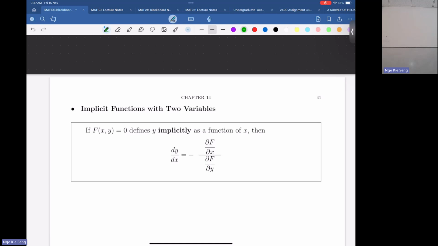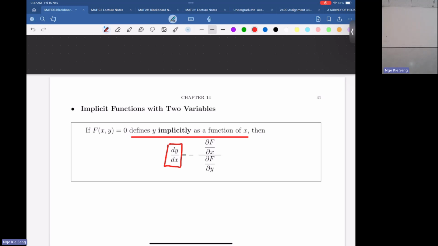You might think this line is nonsense, but it is really important. Otherwise, how do you compute dy over dx? You need to express y in terms of x, then you can compute. But how do we compute it? Compute it from f.